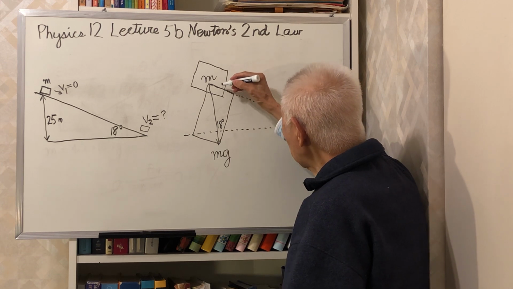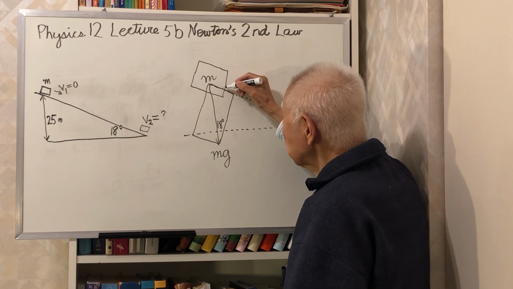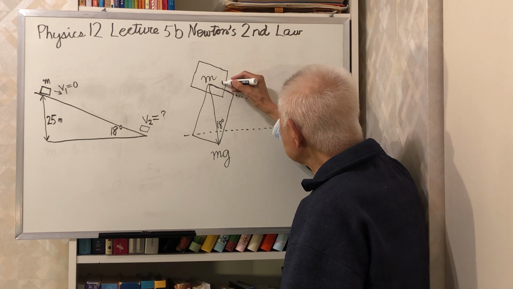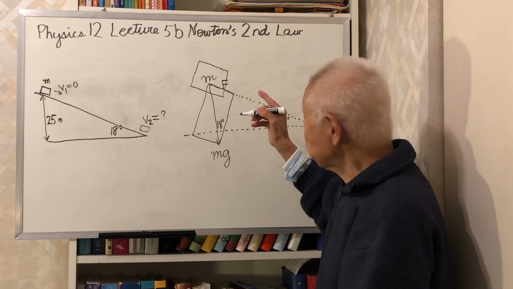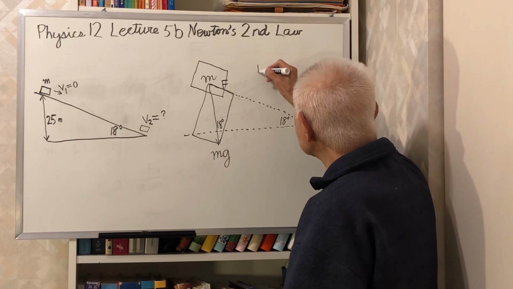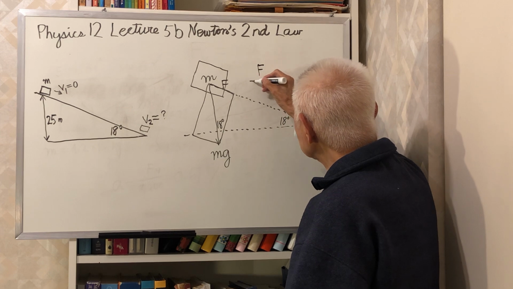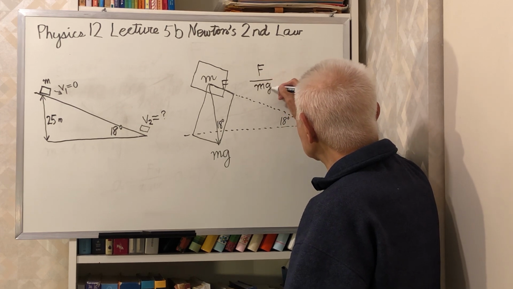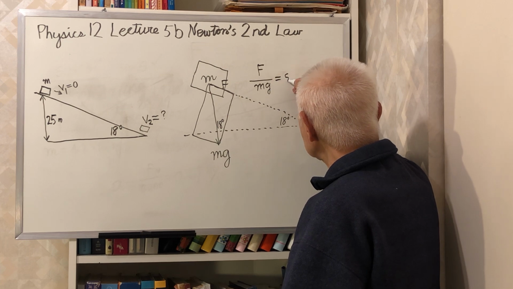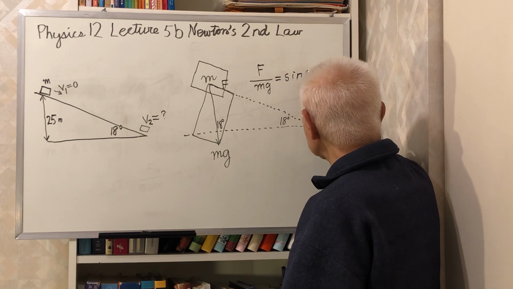This force, let's just use the letter F, divided by mg is equal to sine theta, sine 18.